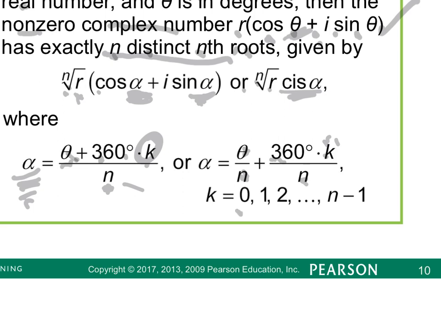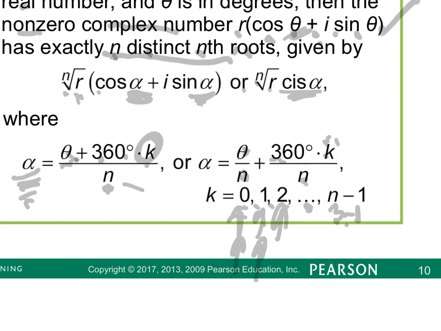Now k counts the roots. If you have a cube root, then k goes up to 3 minus 1, which is 2. So 0, 1, 2, there's your cube root. Square root, you would have k is 0, k is 1.